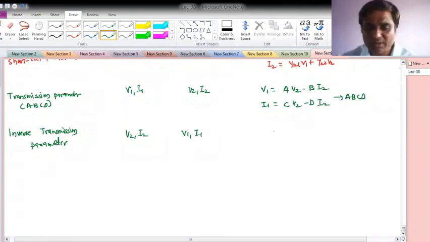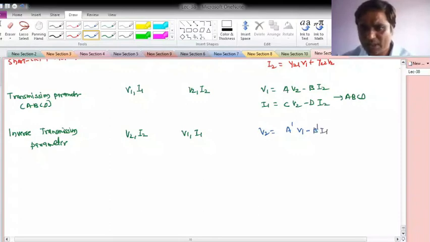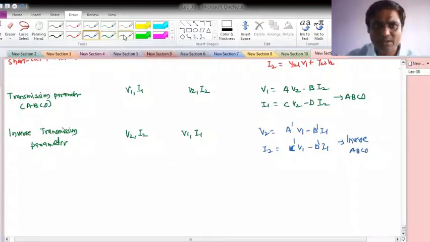The equation for this is V2 equal to A' V1 minus B' I1. Similarly, I2 is C' V1 minus D' I1. So this is the inverse ABCD parameter.